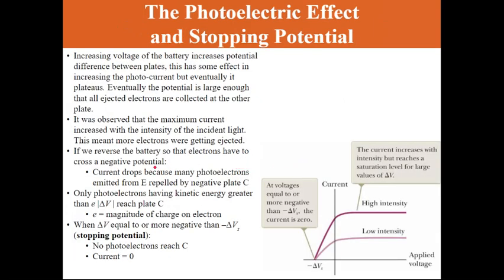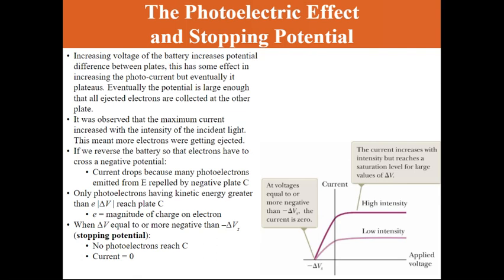Now, you can increase the potential difference across the two plates. Once you have light shining on the ejecting plate and ejecting photoelectrons into the space of the vacuum chamber, increasing the voltage supplied by the battery will give all the ejected electrons a push towards the collecting plate.